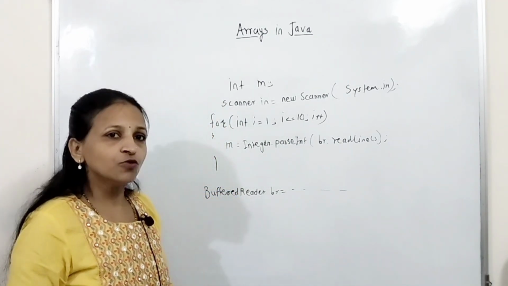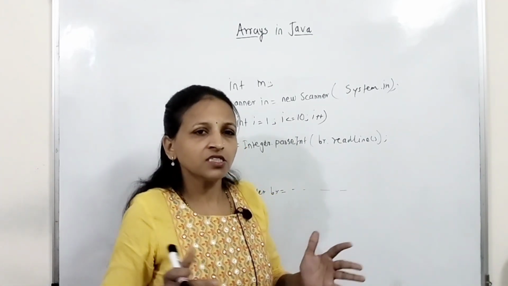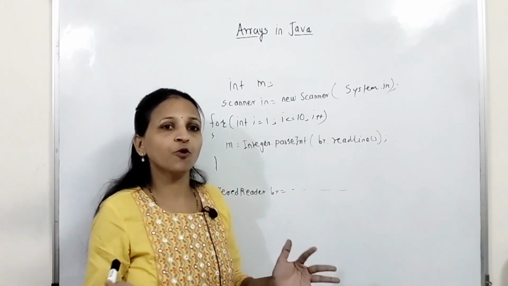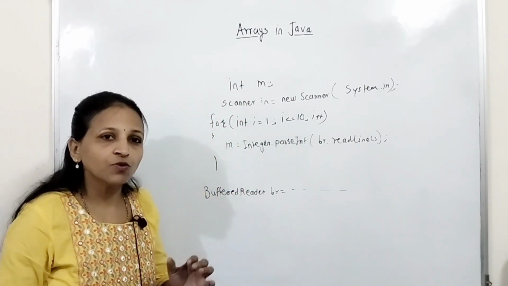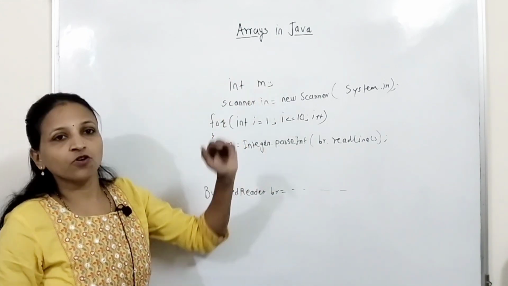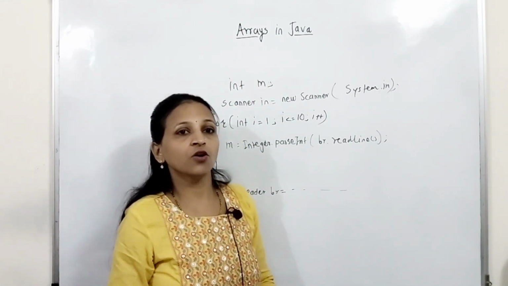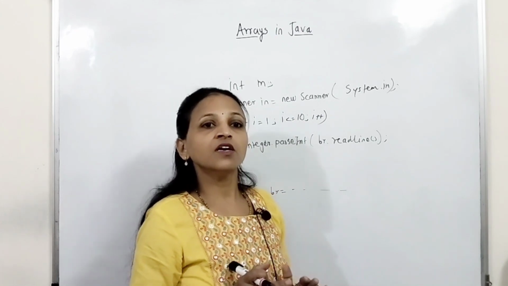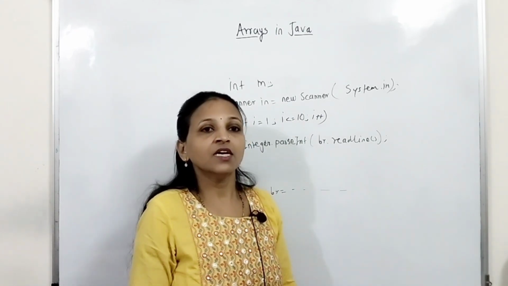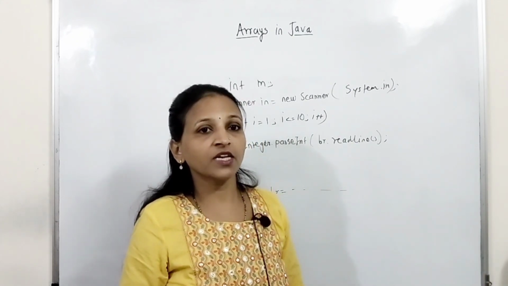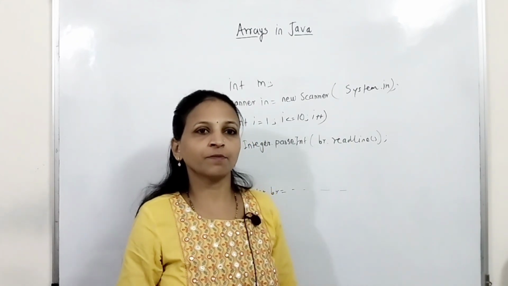If you want to do any action on the same type of data elements, a group of similar data type elements, then in that case you have to use the array concept. Array is a collection of similar kind of elements, means homogeneous elements. Array is a collection of elements of the same data type.